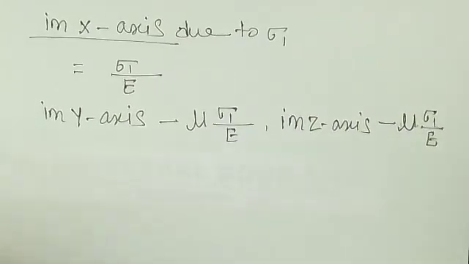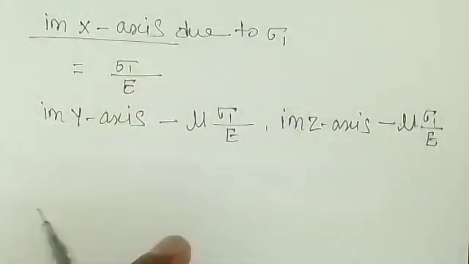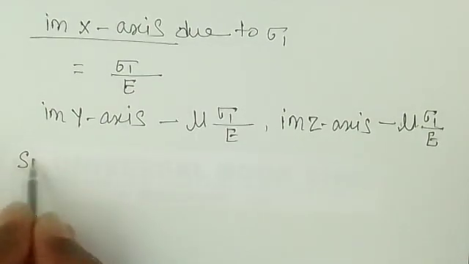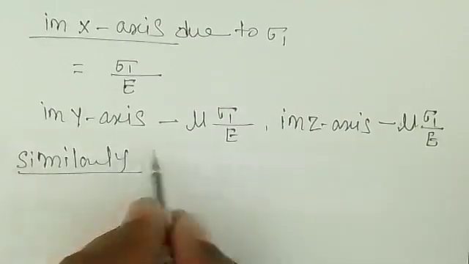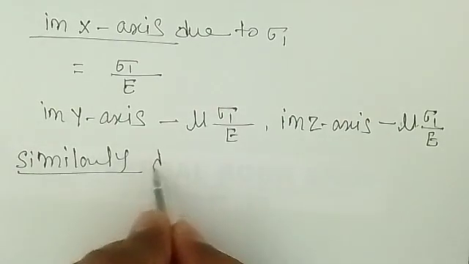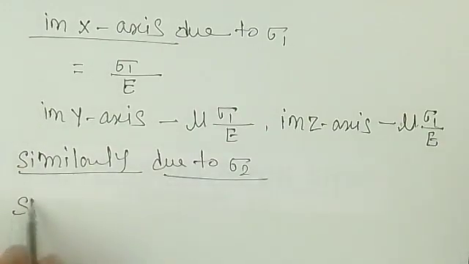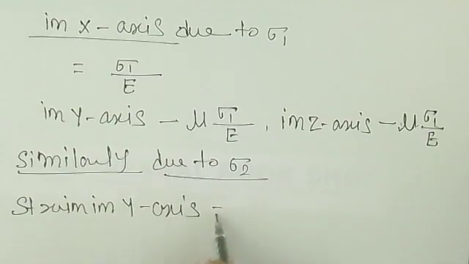Okay, now if you consider sigma 2, that will give you the strain on y axis, it is longitudinal, and x and z will be lateral. So similarly you can write, due to sigma 2, that is strain in y axis is equal to what?